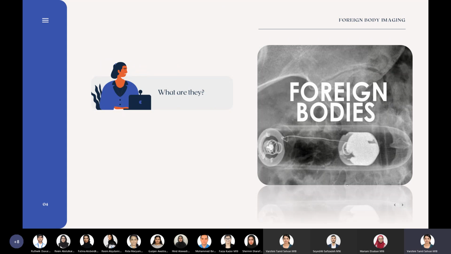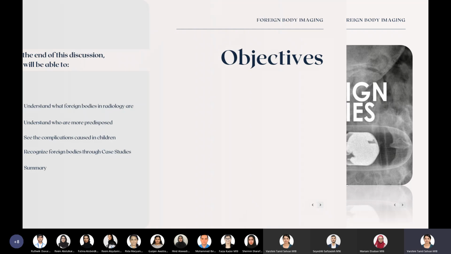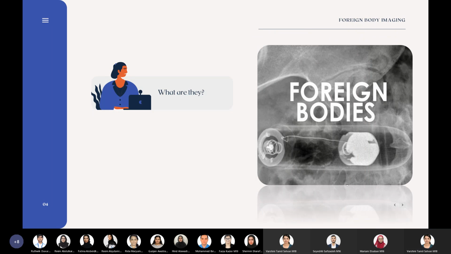So what do you guys think are foreign bodies? Give it a try. You can use the chat box and you can unmute yourself as well. Can you guys see my next screen? Or is it still in one slide?